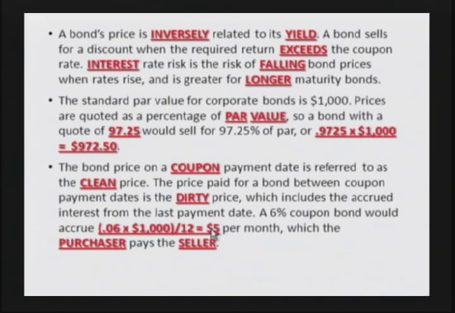So if the purchaser buys the bond between coupon payment dates, they would owe the seller $5 per month since that last coupon date. So if they buy it 4 months after the last coupon payment, they owe $20 in accrued interest, and that would actually be calculated on a daily basis, but you get the idea there with the monthly $5 of accrued interest, how that would work.